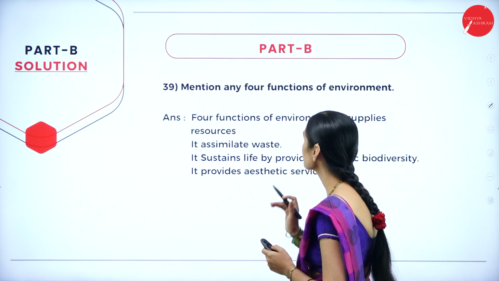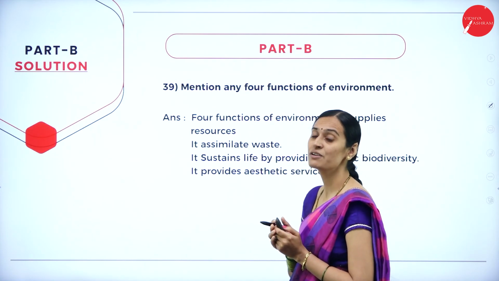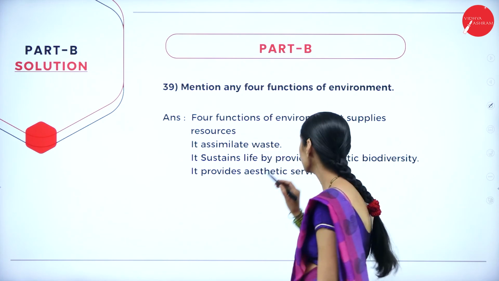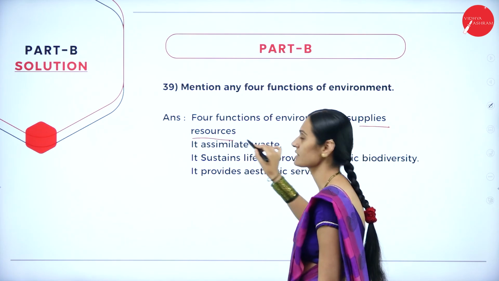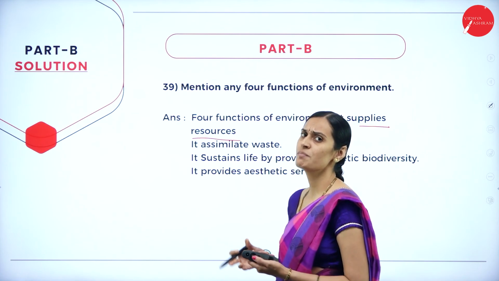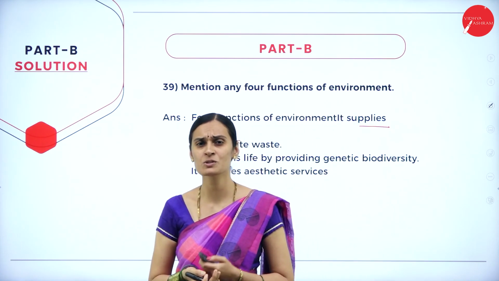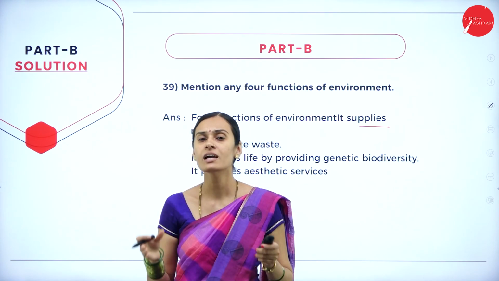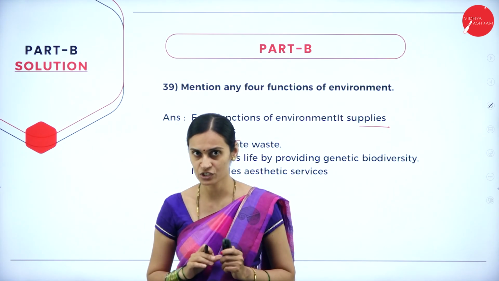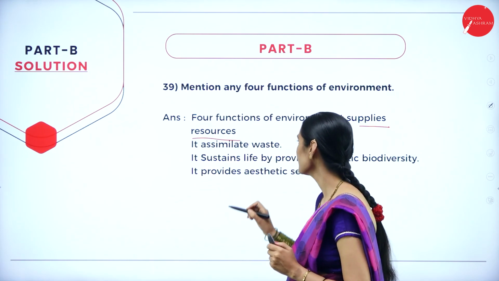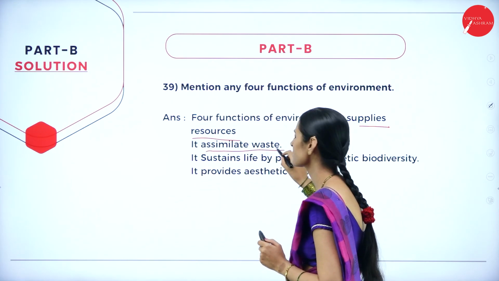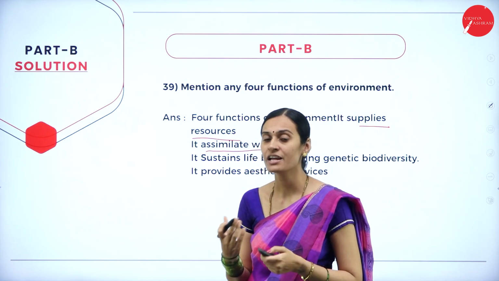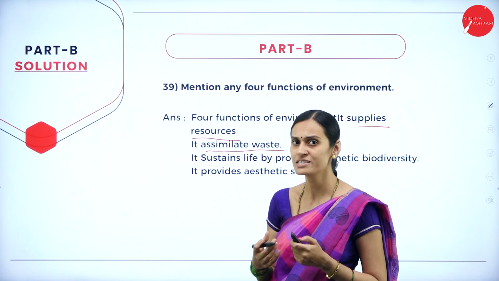And next one, mention any 4 functions the environment performs. One is it supplies resources, renewable and non-renewable resources, what we take for our consumption, everything comes only from nature. Next, it assimilates waste. Whatever waste you give to nature, it assimilates itself.